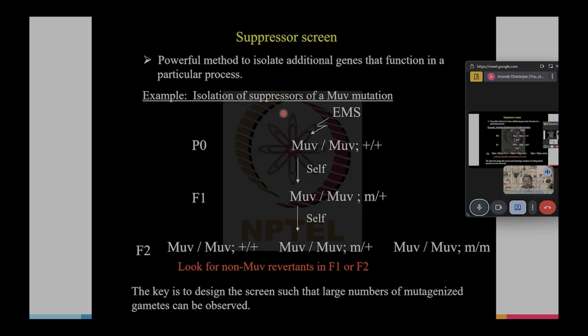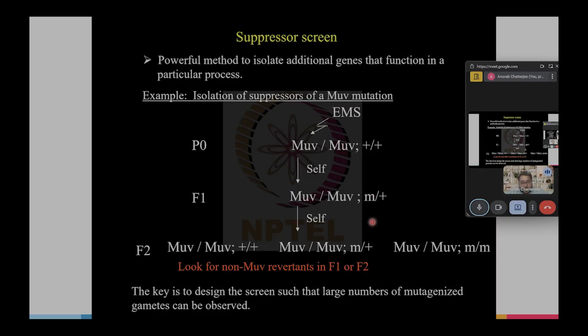You take your multivulva worm. In this particular mutant, it should have two MUV alleles, but everything else should be wild type. You put it in EMS all over again and self it, and what you should find is that this one remains the same, because you imagine it is not being affected, but you have a recessive mutation in some other gene.